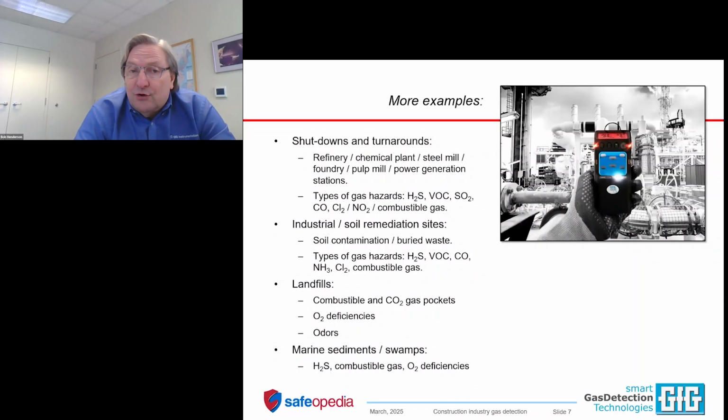During shutdowns and turnarounds, especially at refineries and chemical plants and mills, you often have an increased likelihood of H2S, VOC exposure, sulfur dioxide, CO, chlorine, NO2. Make sure that you understand what the process is that might be continuing in normal operation outside of the designated work zone that could drift into your direction and cause harm.